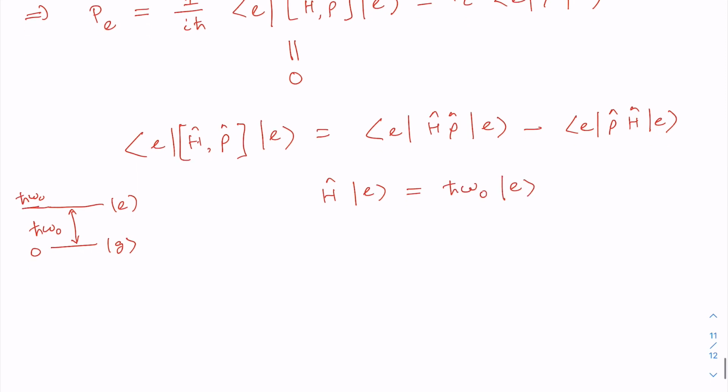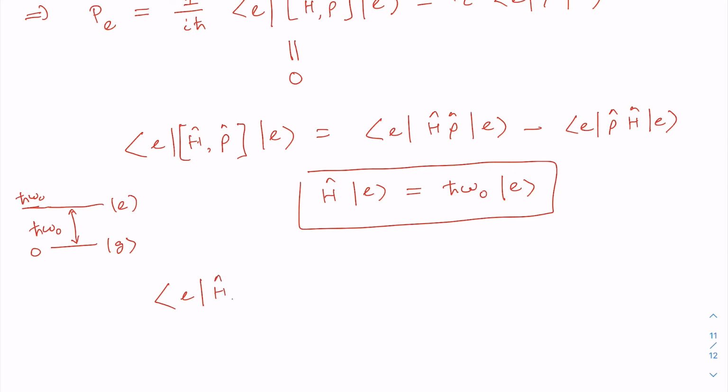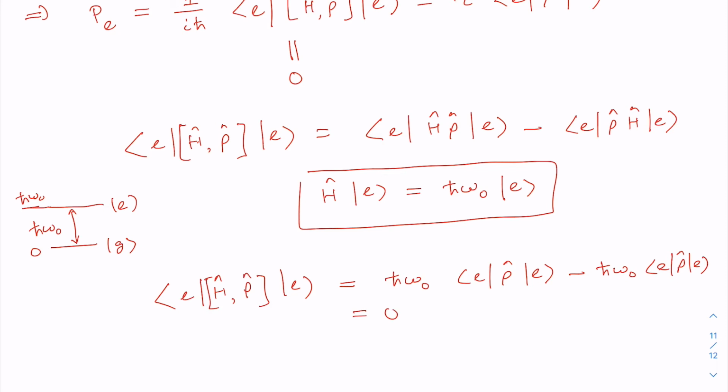Because of this, I think you can already make out that the first term is going to give me ħω0 ρ_EE, and similarly I will have ħω0 ρ_EE. So this is equal to 0.